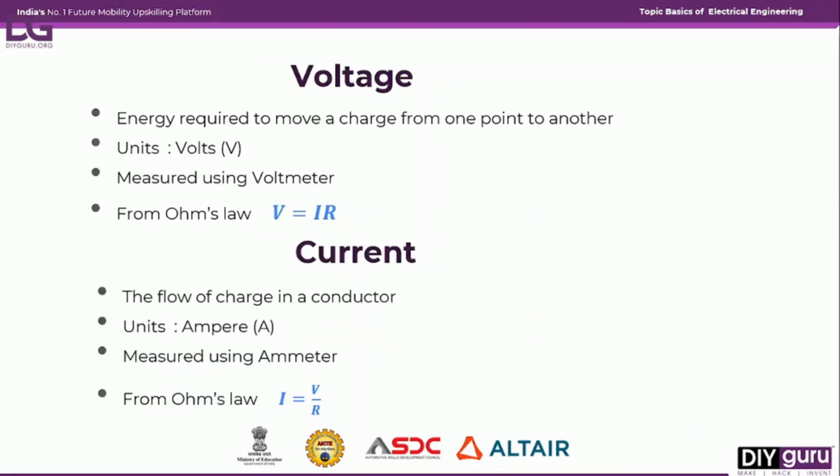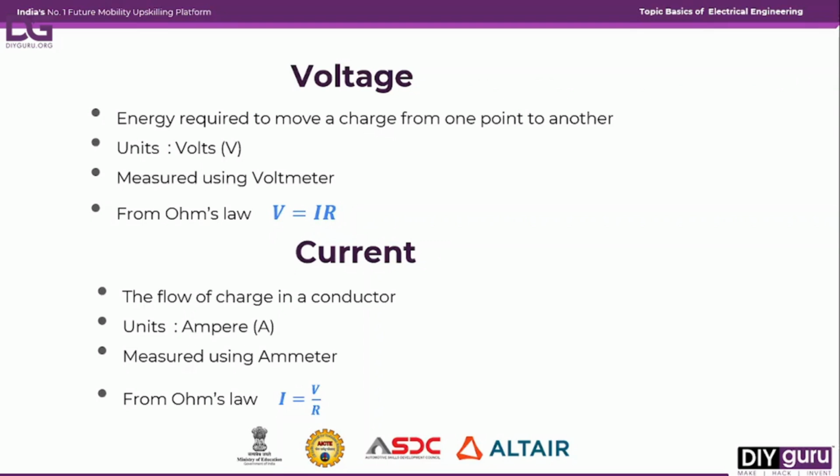Now we are talking about voltage, current and resistance. We will go through what is voltage, what is current, what is resistance. Voltage is the energy or force required to move the charge from one point to another point. When we connect this potential difference across the two terminals, there is a charge which has to move from one point to another.